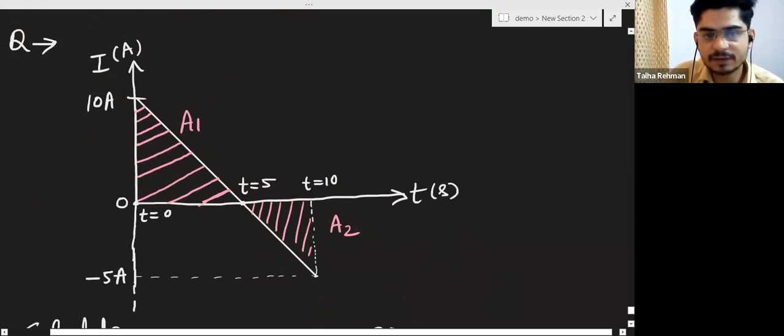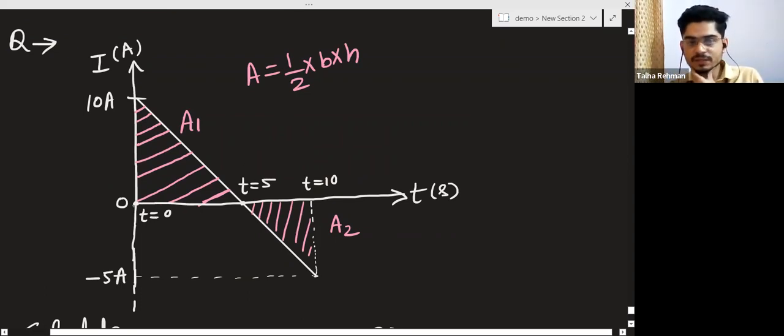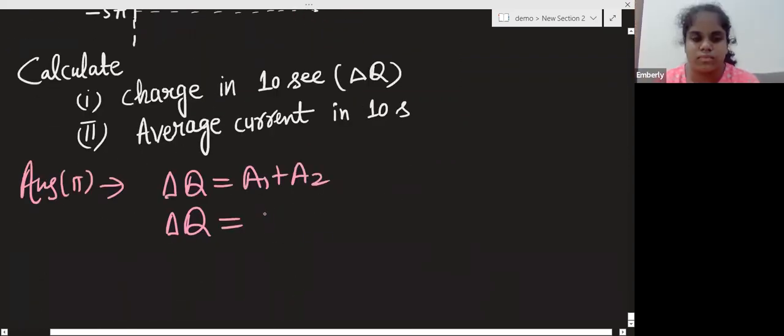This is a triangle, and the area of a triangle is given by half base into height. The value of the base is from t equal to 0 to t equal to 5, so the base is 5, and the height is 10.